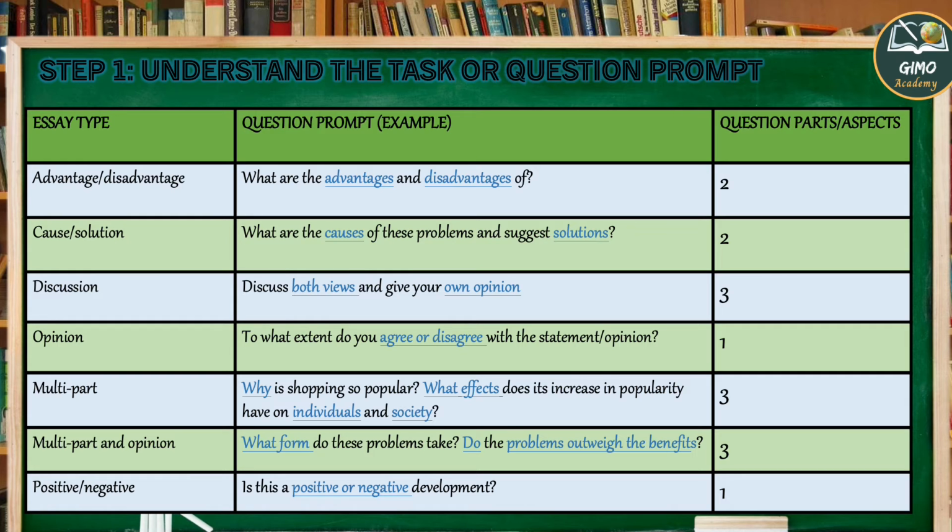If this development, for example, of a new building in a specific city is a positive development, then you have to write your essay based on this perspective, the positive one. If not, then you can take the negative perspective.